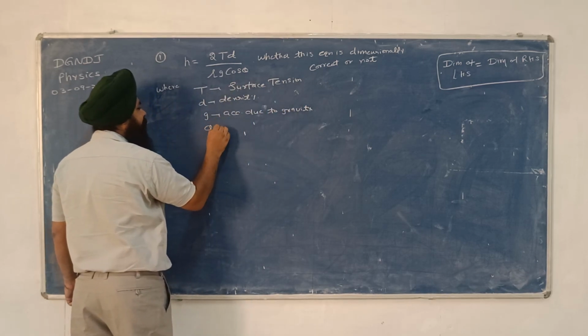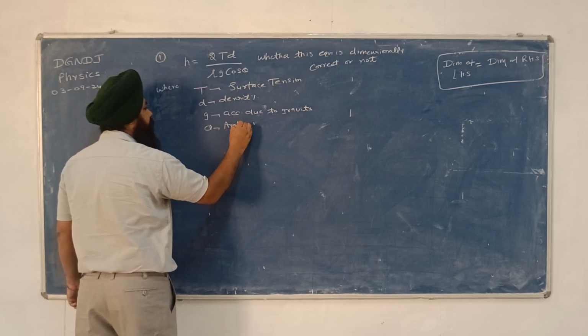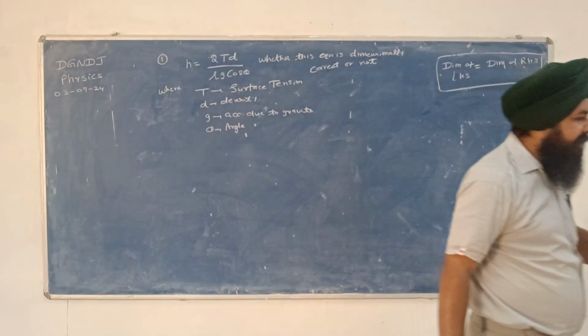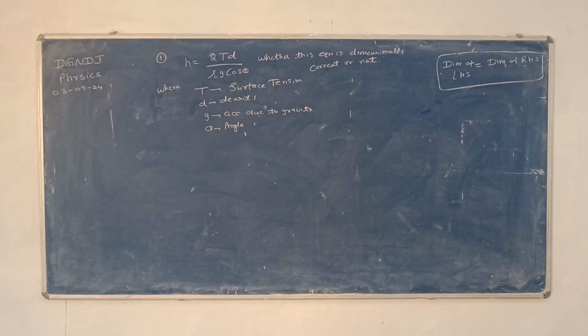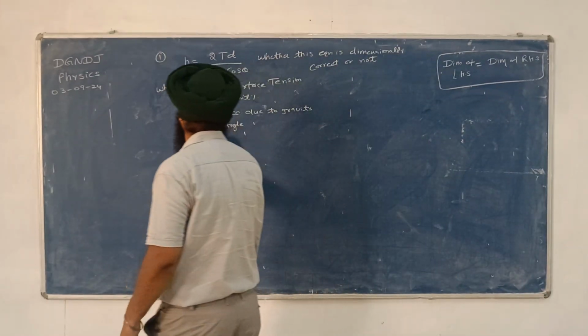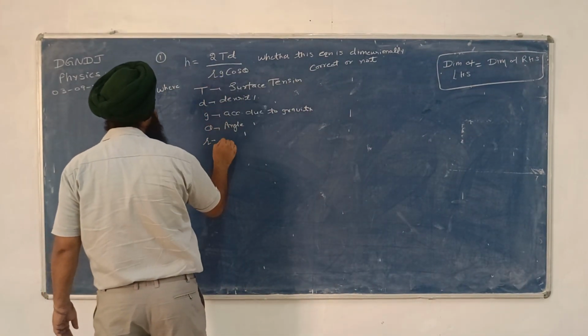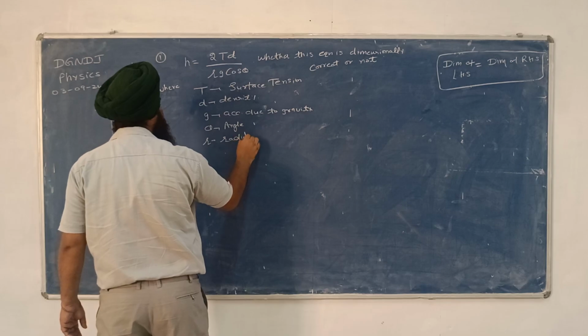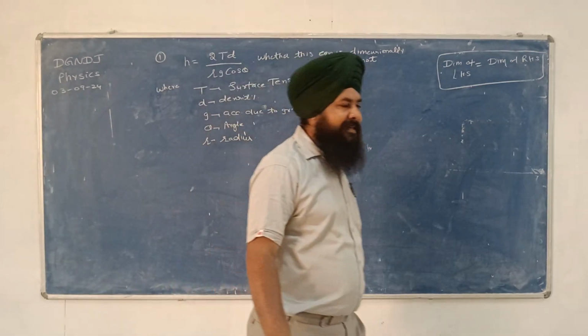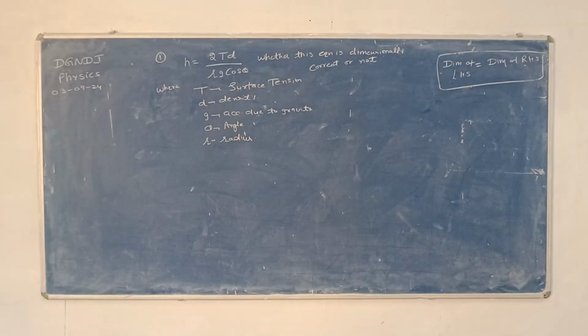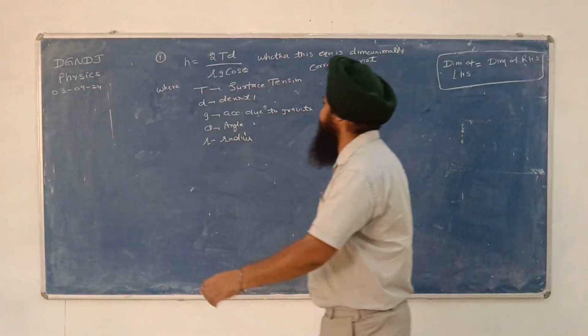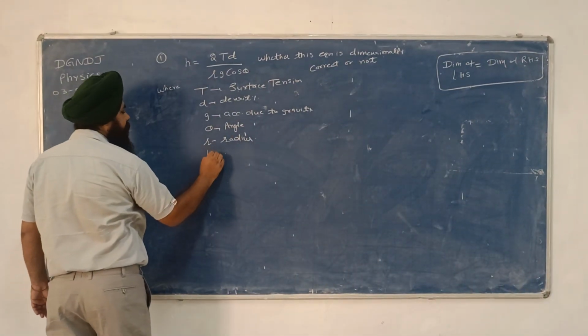This theta is an angle. R is the radius, and H is the height.